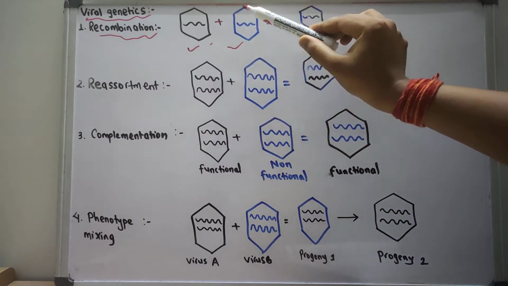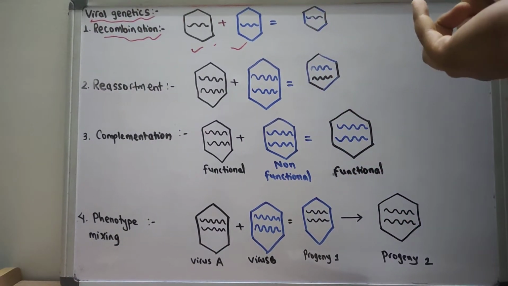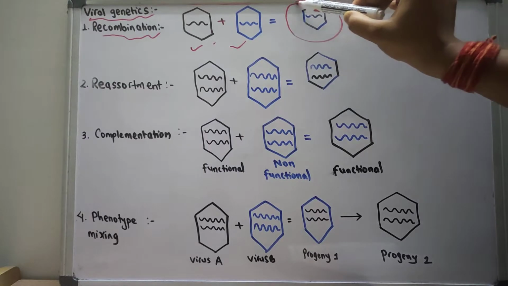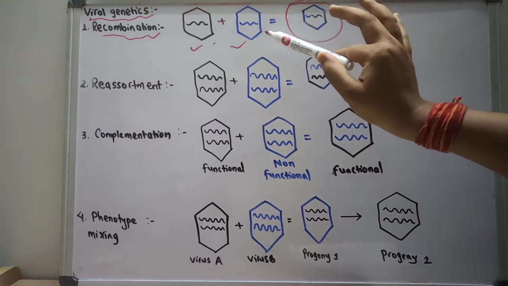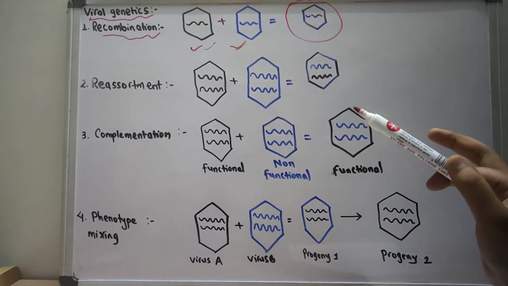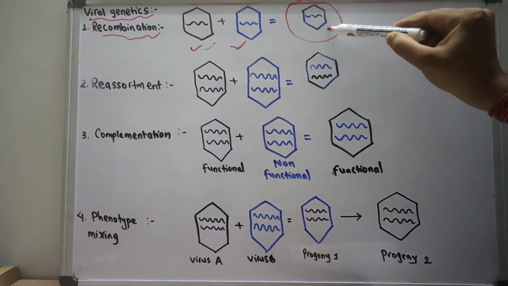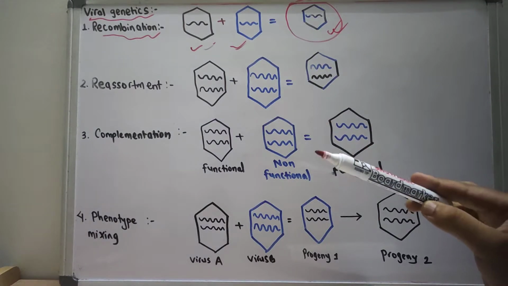So these two viruses exchange segments of nucleic acid so that a hybrid virus results. You can see the hybrid virus has the genes of both the first and second virus. So this hybrid virus has the genes of both the parents.